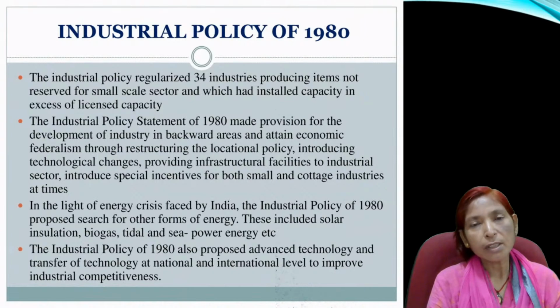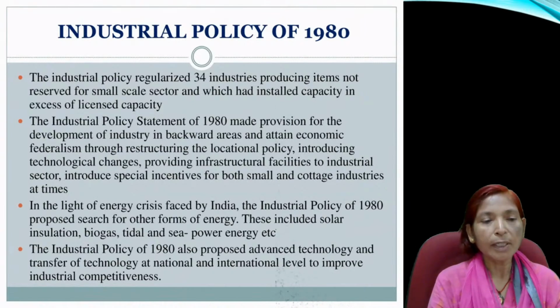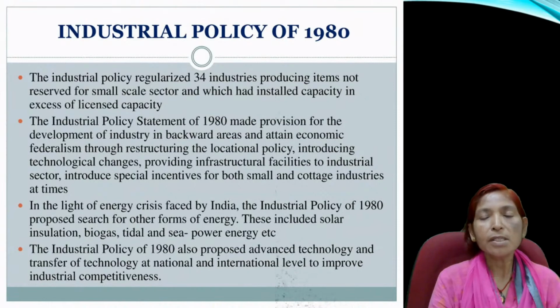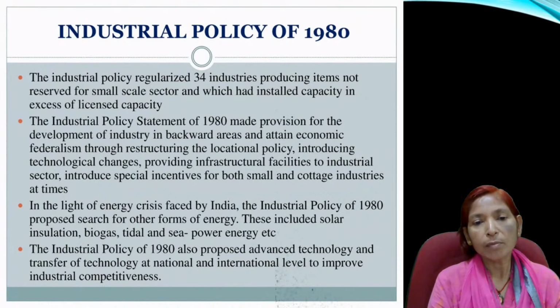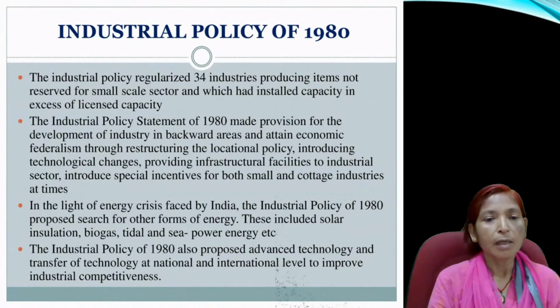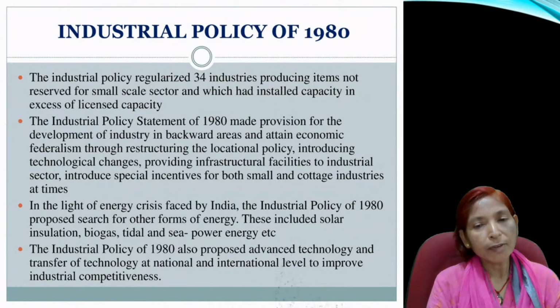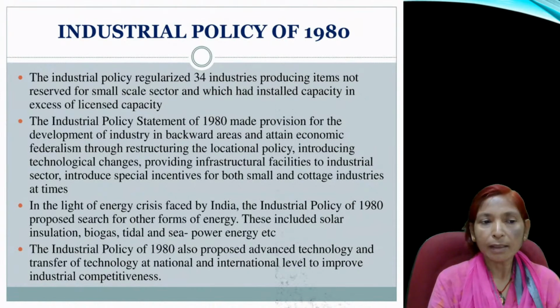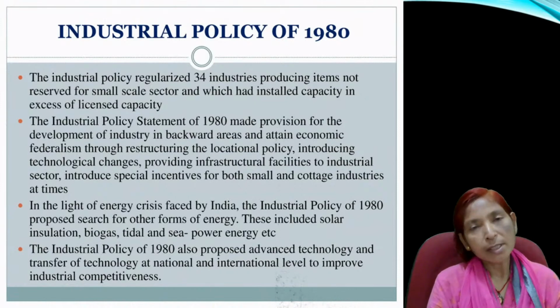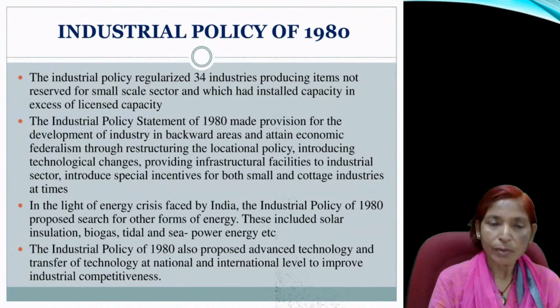The industrial policy of the 1980s made provision for the development of industries in backward areas and to attain economic federalism through restructuring the location policy, introducing technological changes, providing infrastructural facilities to the industrial sector, and introducing special incentives for both small scale and cottage industries.